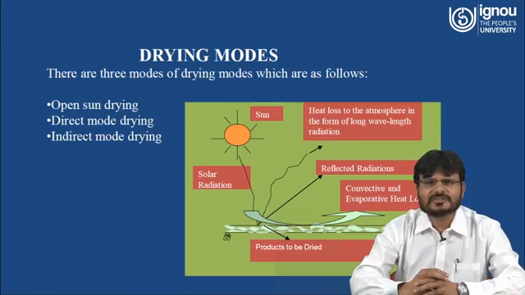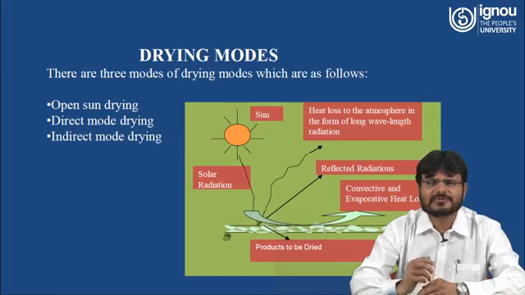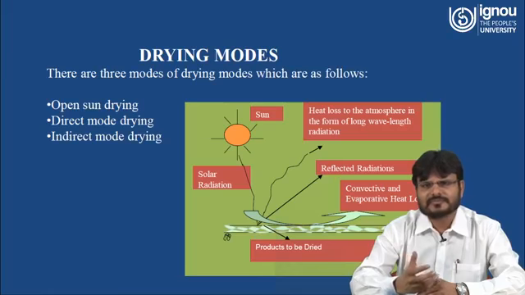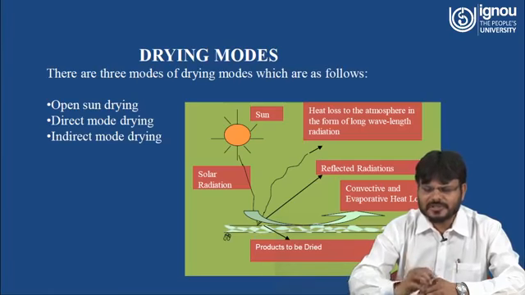This loss is in the form of heat to the atmosphere as long wave length radiation, and there will also be convective and evaporative heat losses. So whatever radiation is coming will be reflected or lost in the form of heat loss. So it will extract the moisture associated with the particular crop or chemical, and that product in the form of the crop will be dried.